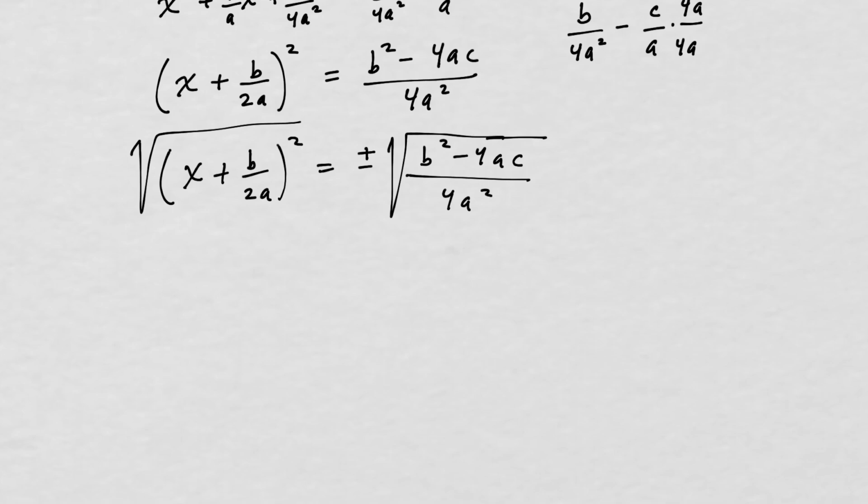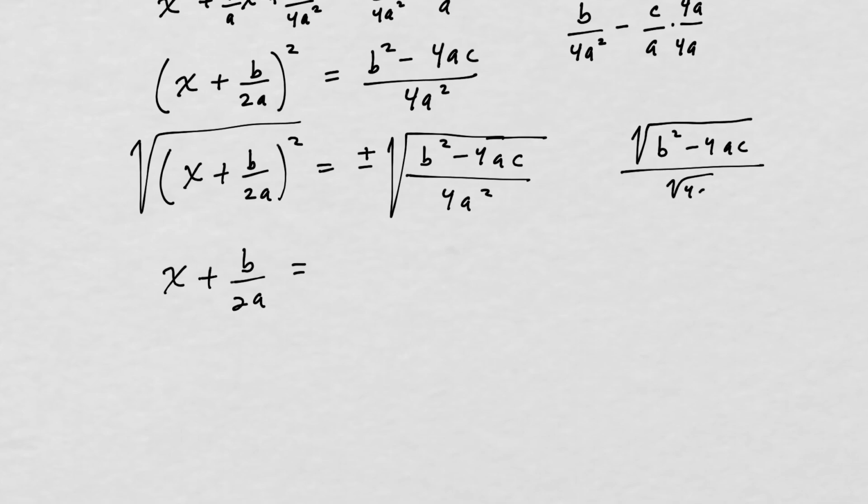Okay, so the left-hand side is just going to be x plus b over 2a. And the right-hand side, notice that this is the same as the square root of b squared minus 4ac over the square root of 4a squared. But the square root of 4a squared is equal to 2a, right?